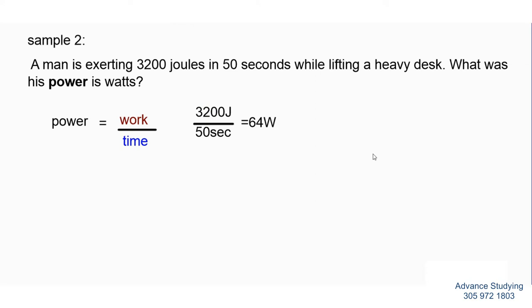The answer is 64 watts. So it took this man more time to lift the same desk. Since it took him more time to do the same job, he has less power than the one in sample 1. The power is less, but the work being done is the same, just that it took him longer to do the same job.